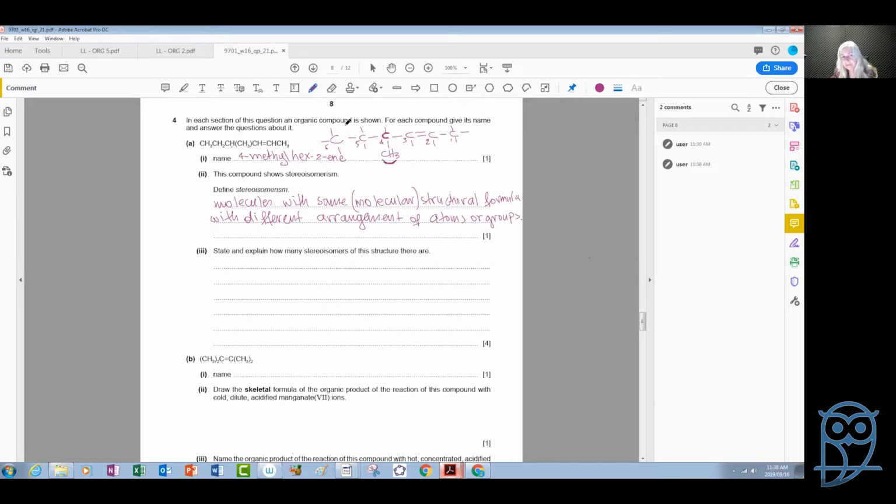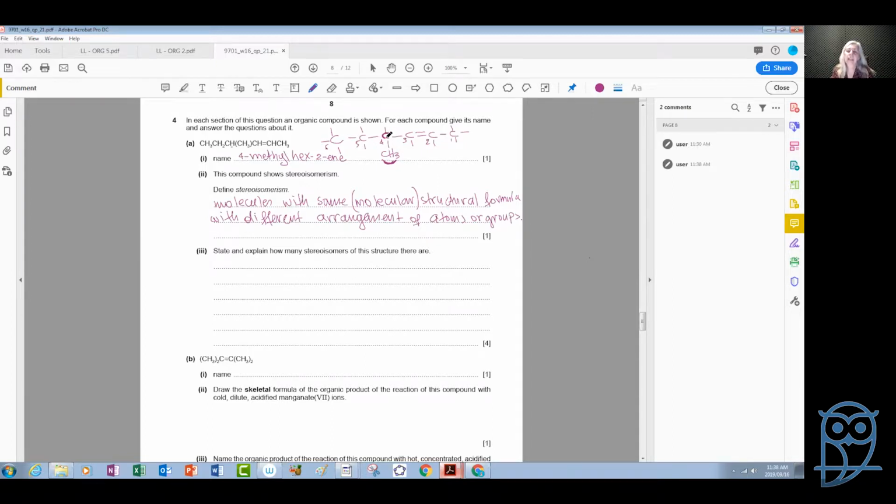to the left it is connected to this methyl group. To the right, it's connected to another group that has a double bond, an alkene of some sort. It's connected also to this methyl here, and on the other side it's connected to a hydrogen. So every single bond of this carbon is connected to something different.